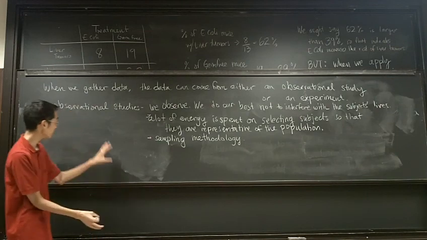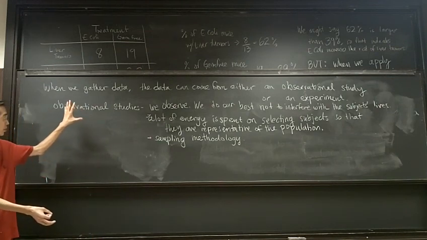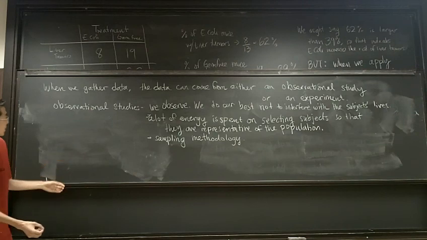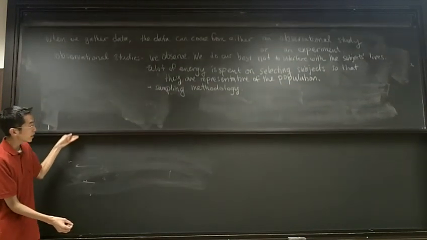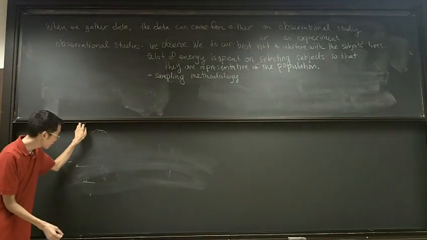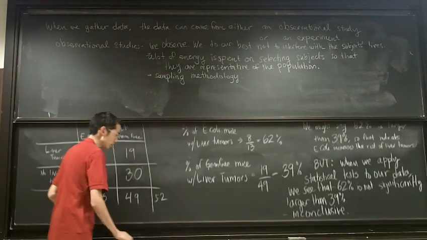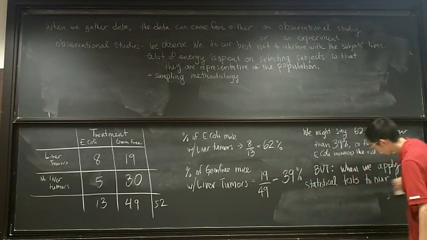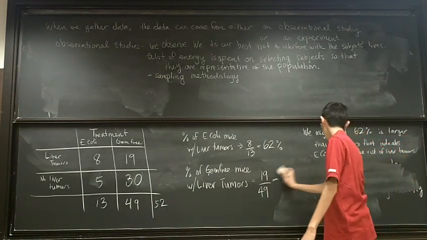Okay. So we've got observational studies, and a lot of energy is spent on that. On the other hand, we have experiments, and in an experiment we do as much interfering as we possibly can.